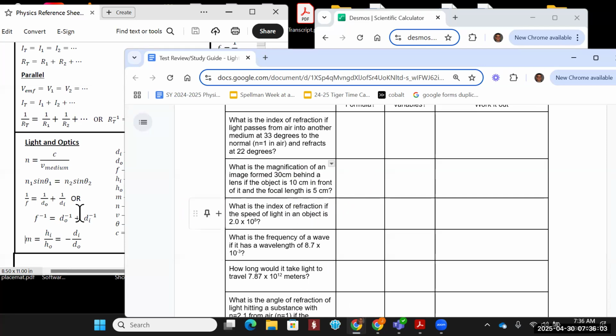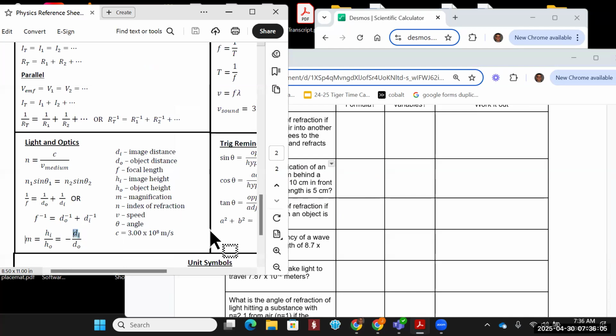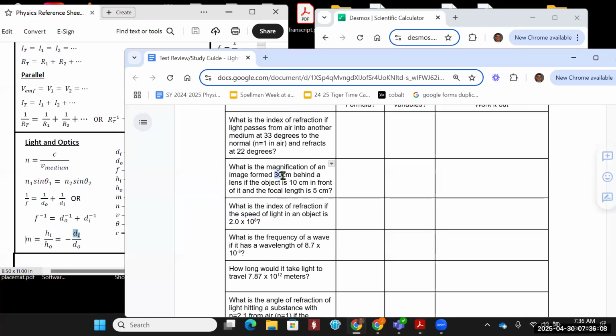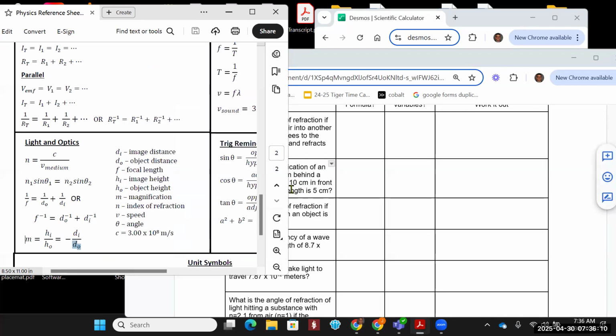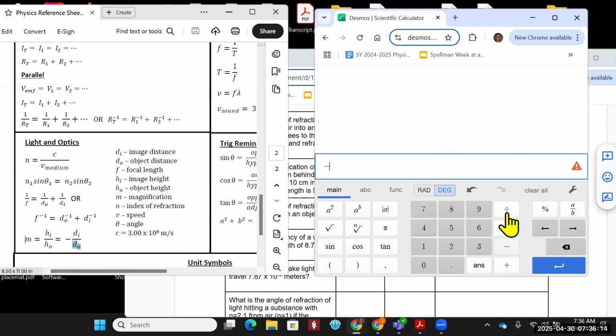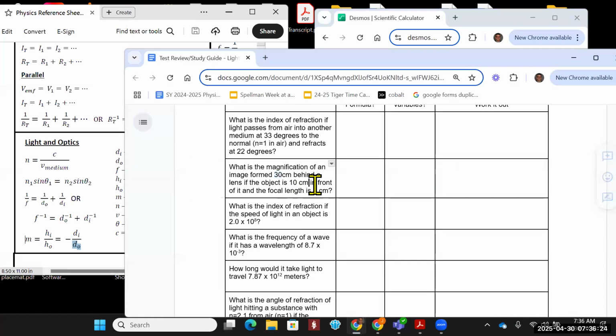So we actually have an image distance, which is 30, and then we have an object distance, which is 10. And so in our calculator, that's just going to be negative 30 over 10, which should be negative 3. So negative means it's going to be upside down. 3 means it's going to be 3 times as big. And that's our answer of how we do that one in terms of using that formula.